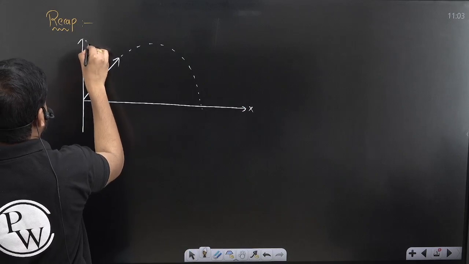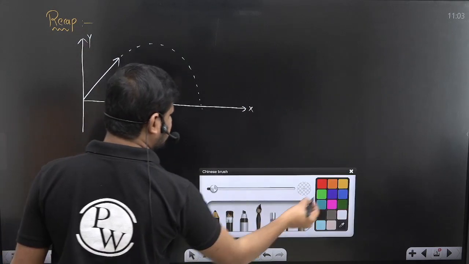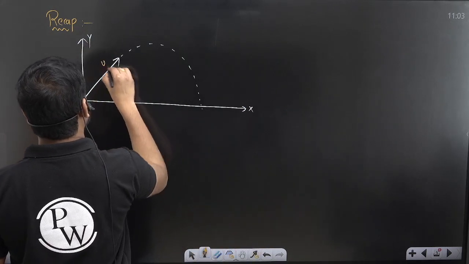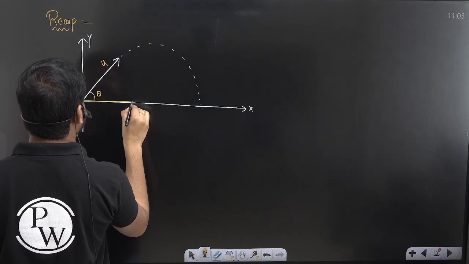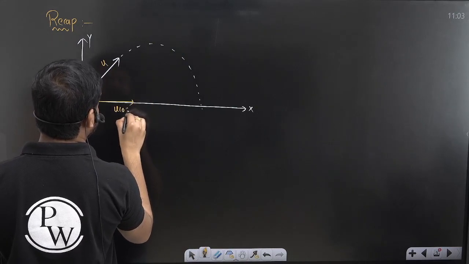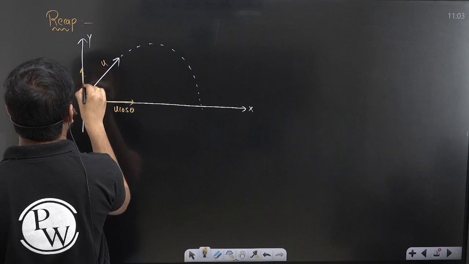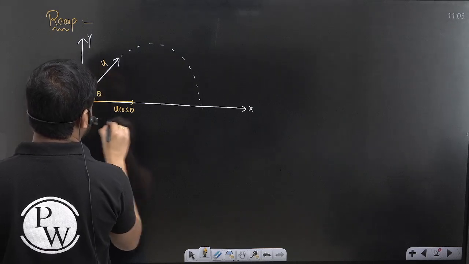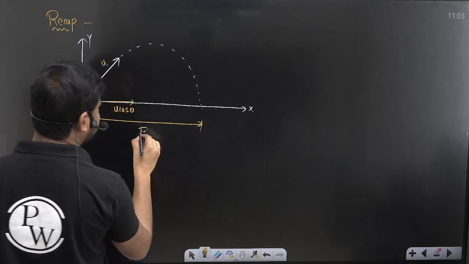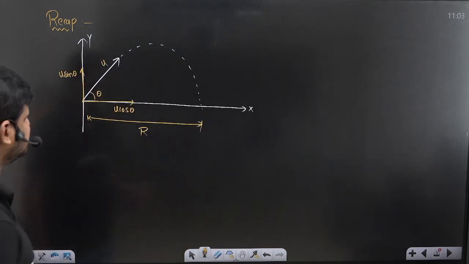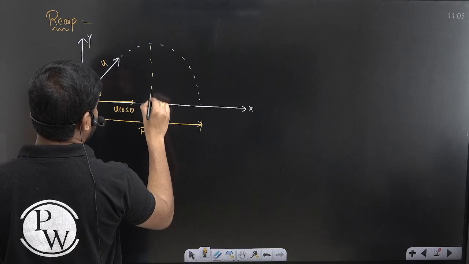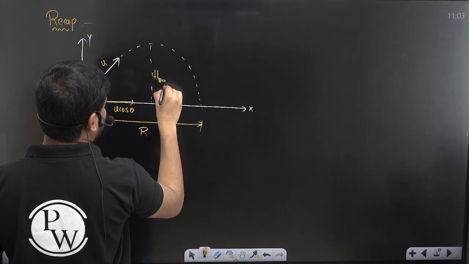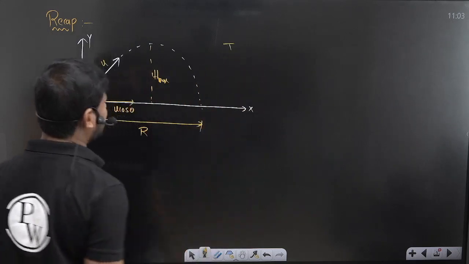You have thrown it with some velocity u at angle theta, so the components are u cos theta and u sin theta. The horizontal distance covered by the body is called the range, this is called the h max, and the total time taken is called the time of flight.